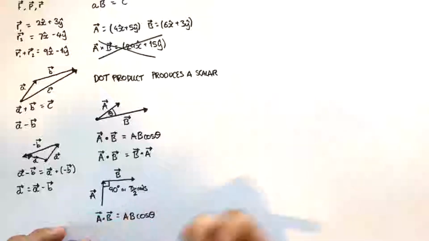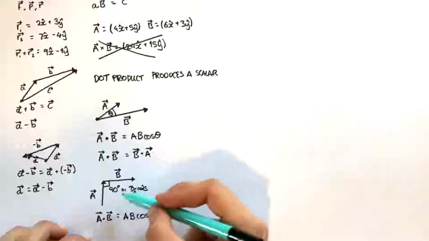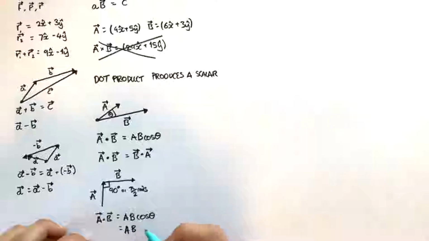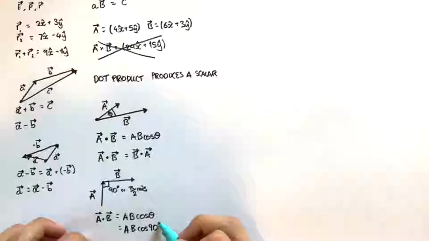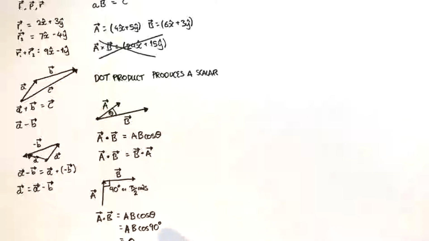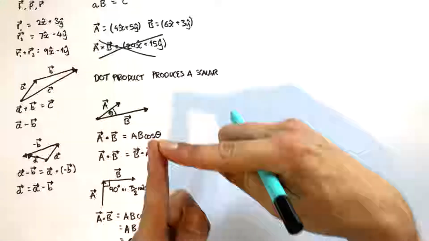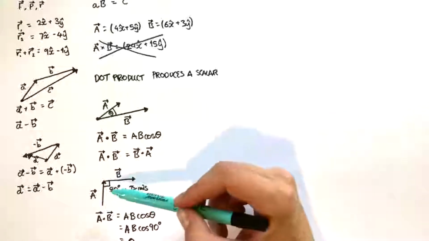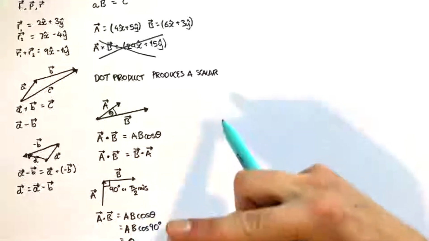Now, we don't know what A and B are, but we do know that these two vectors are at right angles. So we can simply say that A dot B is AB cos of 90 degrees, or pi over 2 radians, and cos of 90 degrees is just 0. So the dot product between two vectors that are perpendicular is 0. There's no projection of A onto B because they're at right angles.